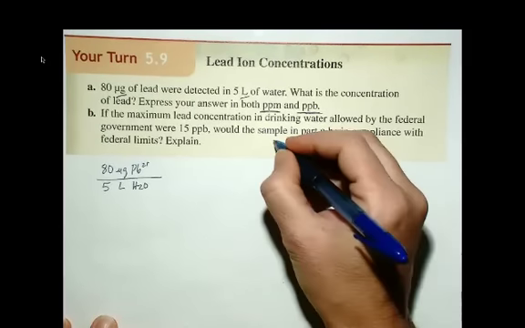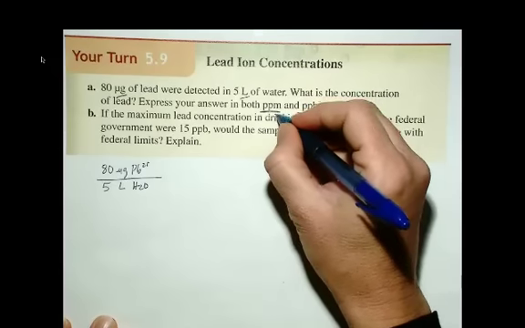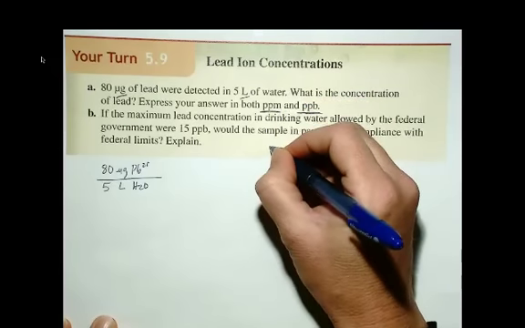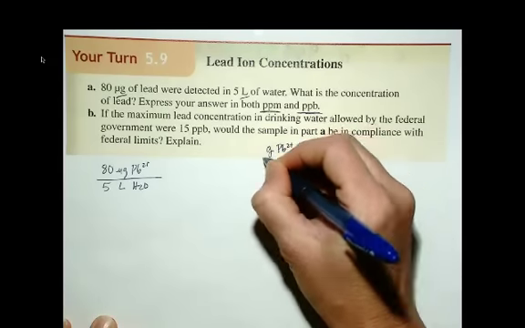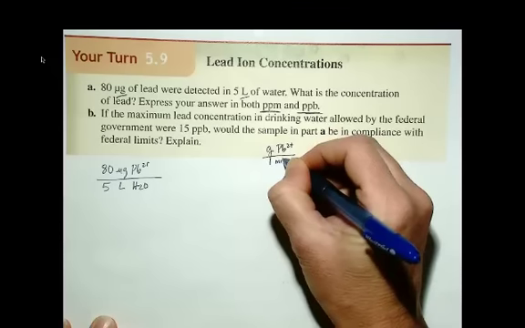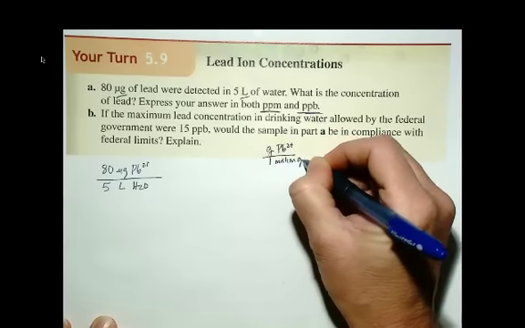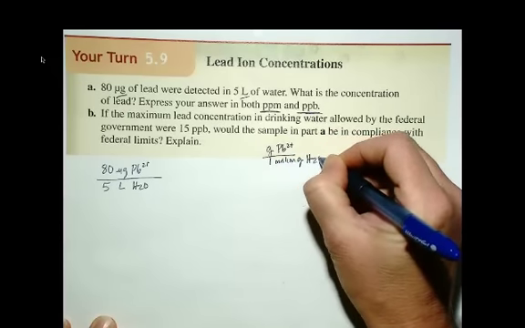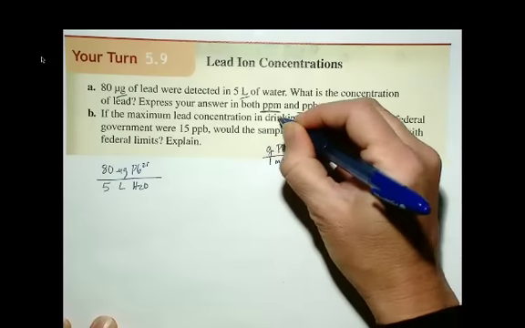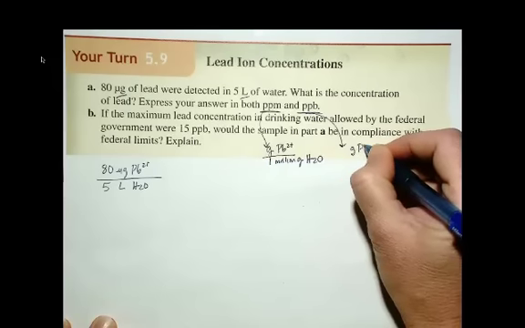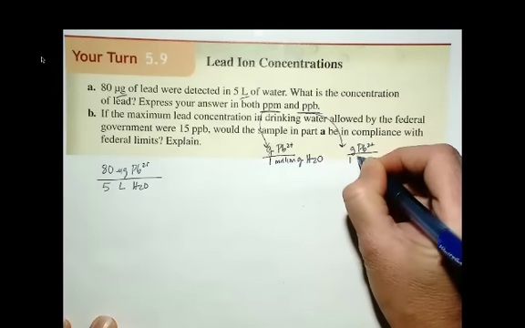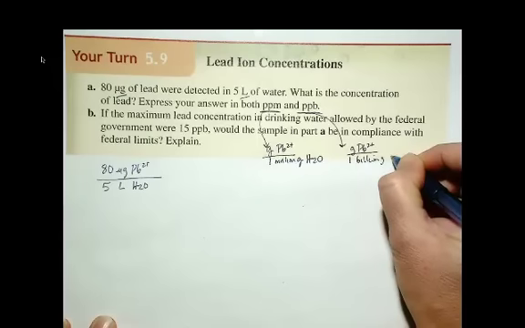Okay, so what we're going to have to do is remember the interpretation here. Parts per million means grams, in this case grams of lead per 1 million grams of water, and parts per billion would be grams of lead ion per 1 billion grams of water.